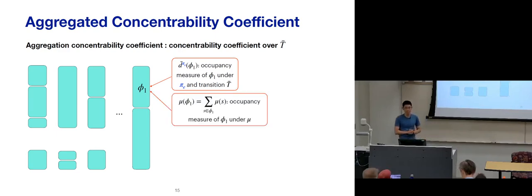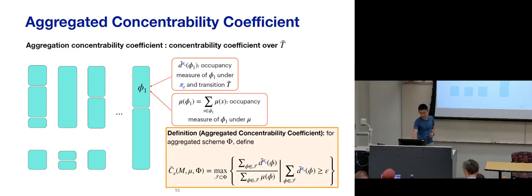We define the offline distribution of this aggregated state V1 to be the sum of the occupancy measures under mu of the states within this aggregation. The aggregated coverability coefficient is defined to be the largest ratio between this D bar and mu.